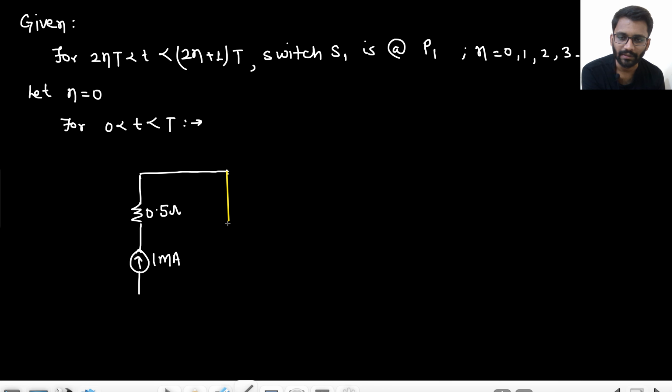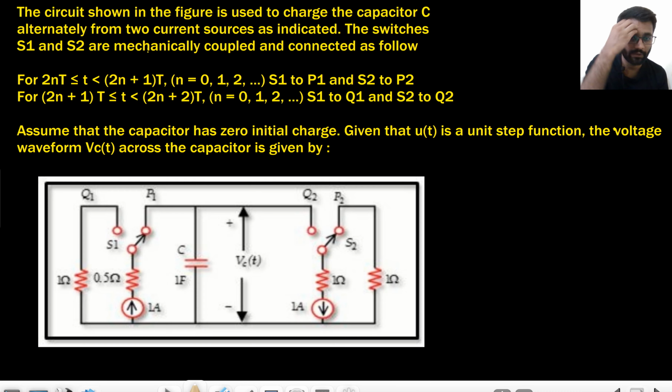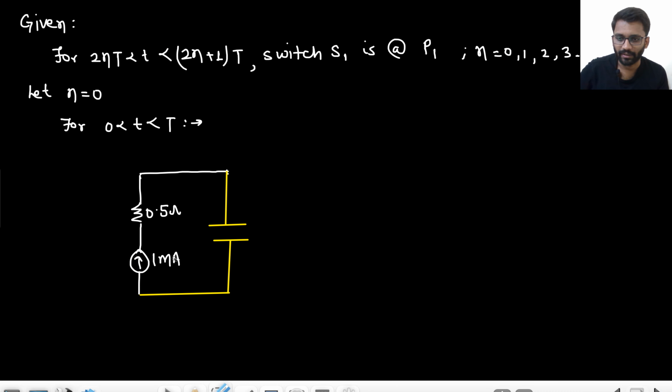The value of the capacitor is 1 farad, and the source is 1 ampere, not 1 milliampere. This is VCT we are talking about.